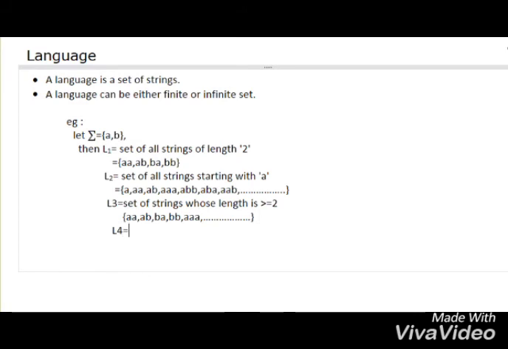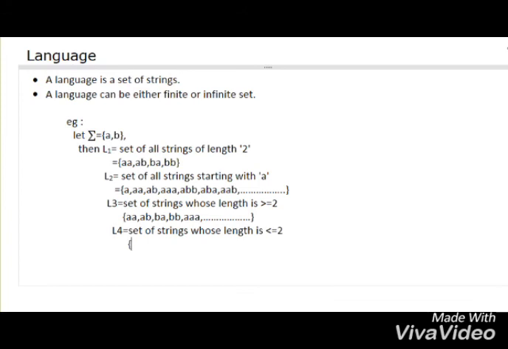L4 is the set of all strings whose length is less than or equal to 2. So this language will contain the strings whose length is less than or equal to 2.